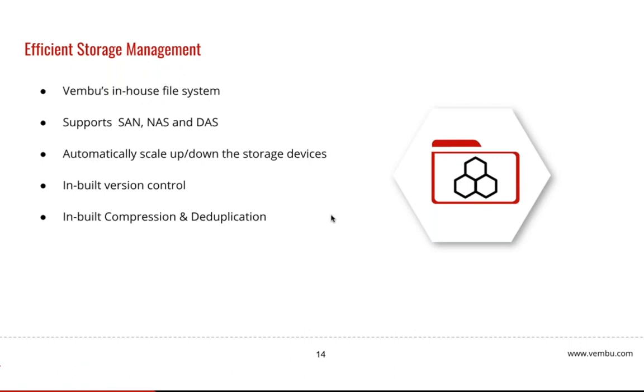If you want to keep the last 2 weeks of modifications or the last 1 month of modifications, only those modifications alone will be stored and everything else will be removed from the storage target. So you can efficiently manage the storage with the help of Vembu's in-house file system. You don't need to invest additional money to purchase sophisticated hardware for the storage purpose.